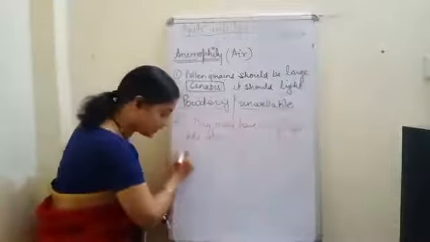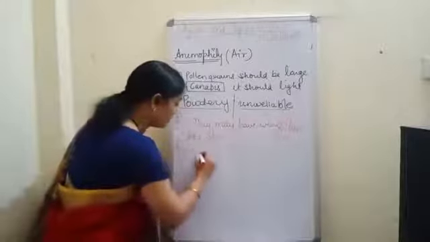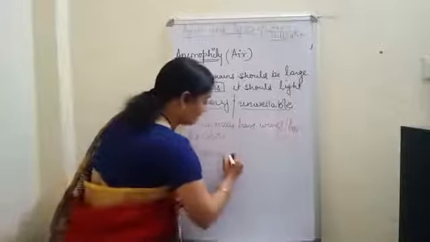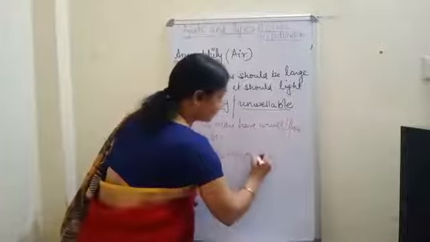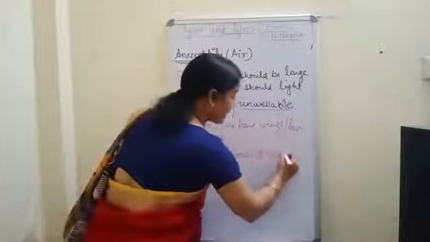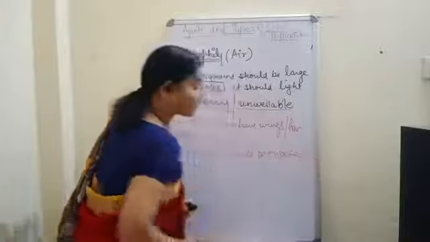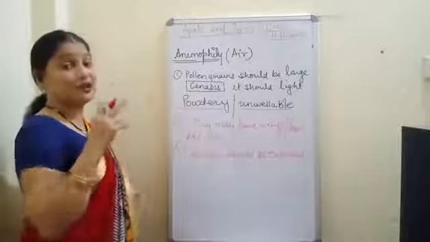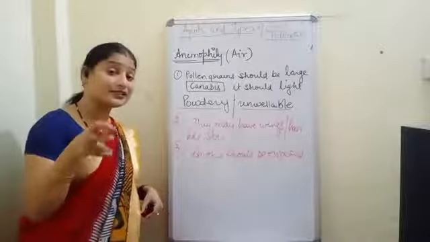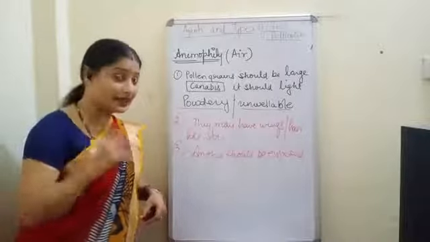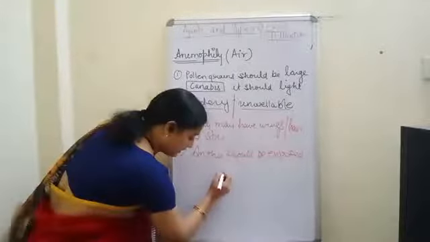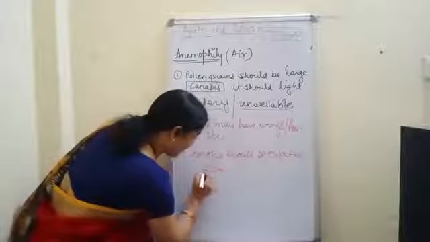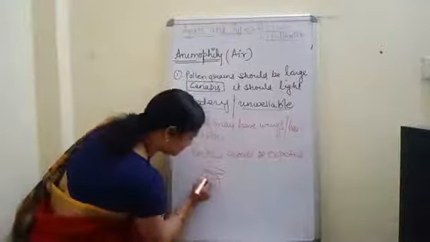Then the next condition is, the anther should be exposed. Okay, and if you remember, we have read about basifixed, dorsifixed, adnate, and there I told you versatile. The anther should be versatile.